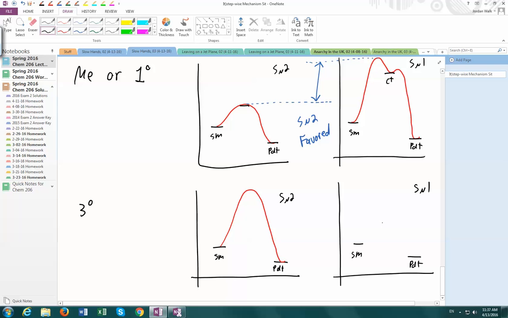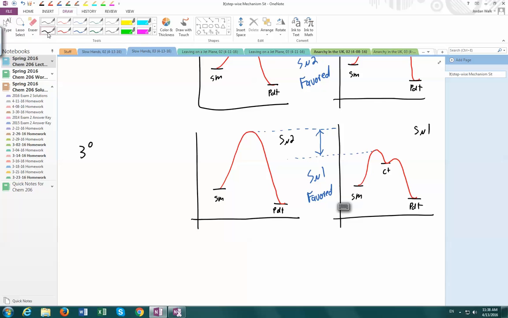And so now it's going to be a lot lower in energy, say about right there. And so the pathway to take an SN1 reaction is about at this energy level. When we compare the rate determining step between these two, which is favored? It definitely takes a lot less energy to undergo the SN1 reaction when we have a tertiary substrate. And so here we have a case where SN1 is very much favored.